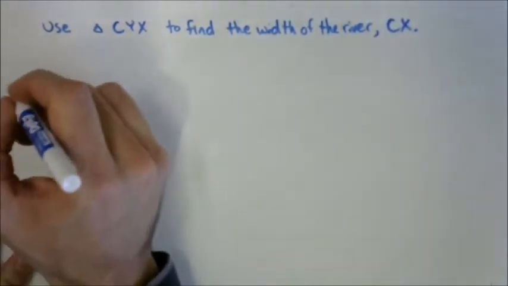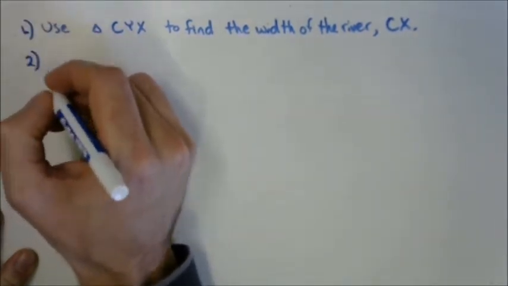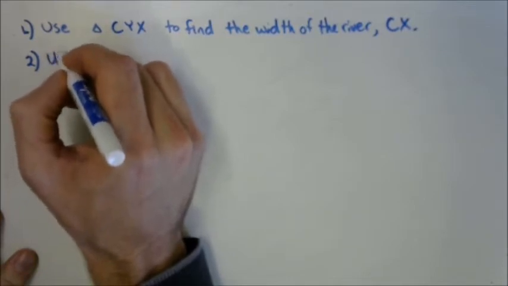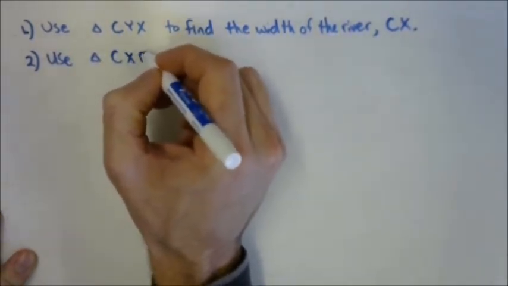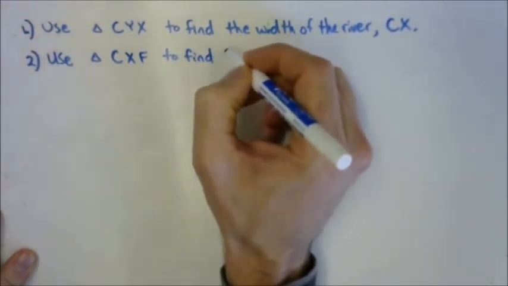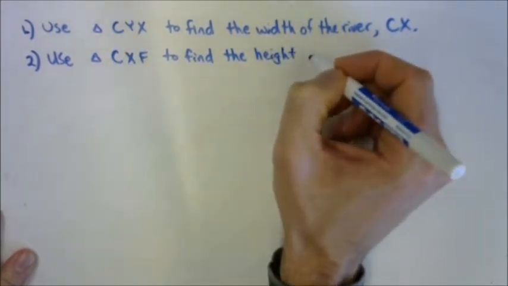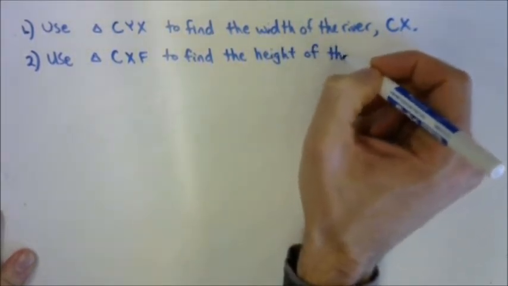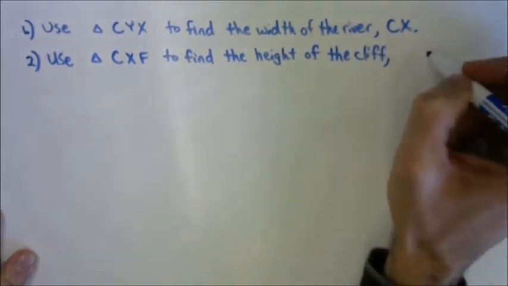CX is the width of the river. That's going to be step 1. Step 2, use triangle CXF to find the height of the cliff, which is represented CF.